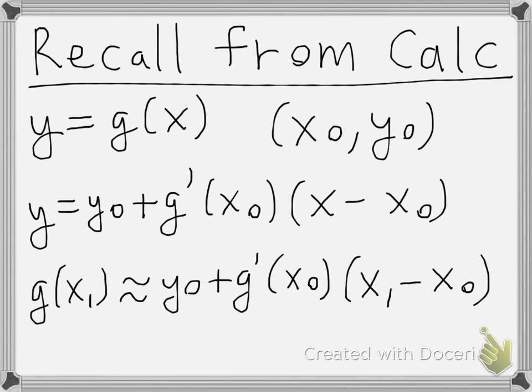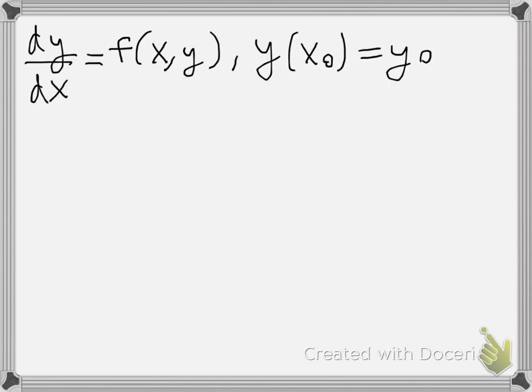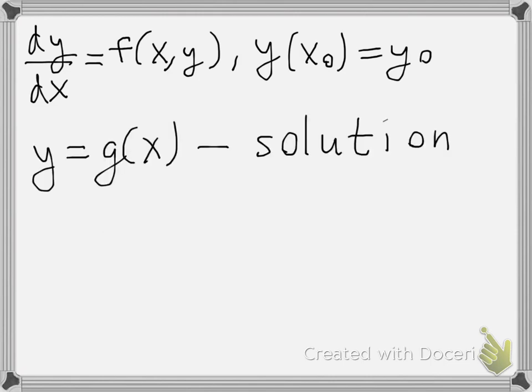So we're going to use exactly this idea, this formula, to develop the method of Euler for approximating solutions to a differential equation. So suppose we're considering a first-order initial value problem that looks like dy/dx equals f of x, y with the initial condition that y of x naught equals y naught, and suppose y equals g of x is the solution to this initial value problem, but it's unknown to us.